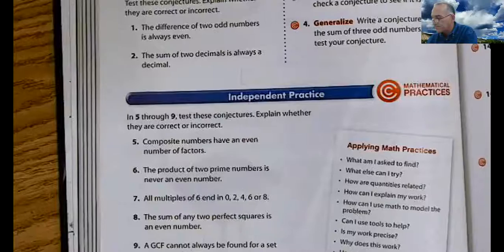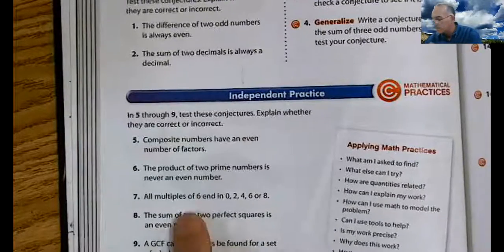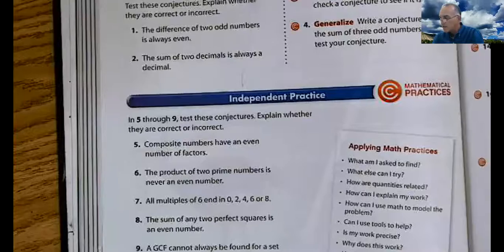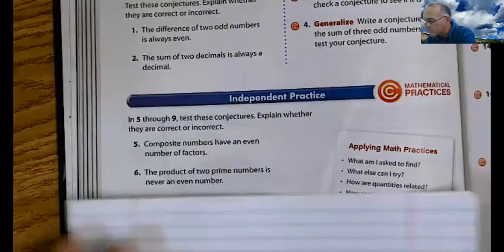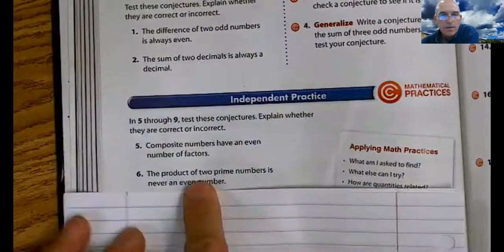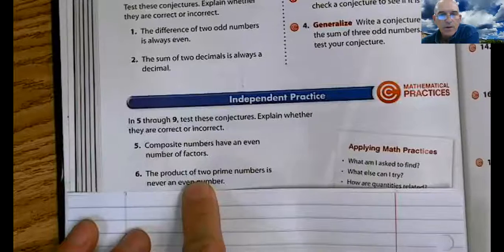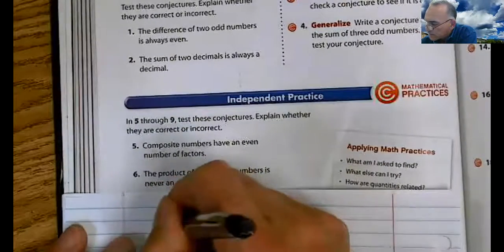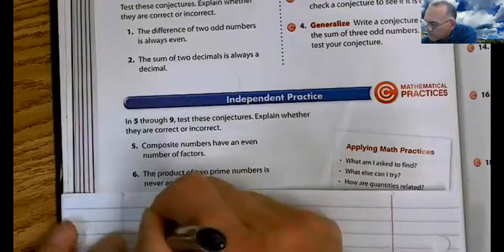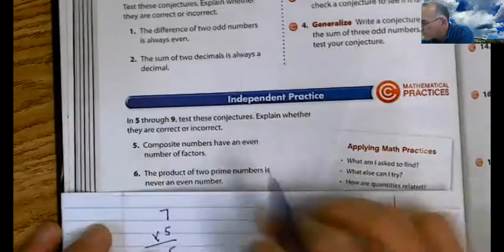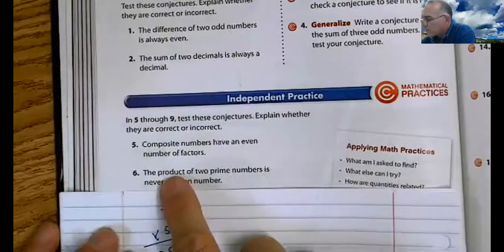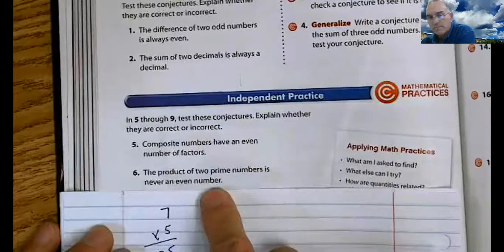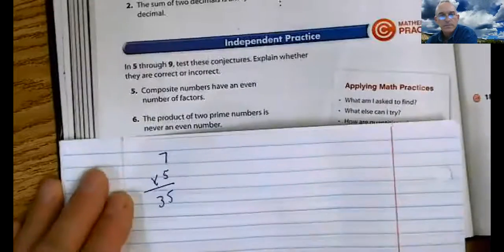Let's make another one. Ready? How about this one? The product of two prime numbers is an even number. So if I did 7 times 5, the product of two prime numbers is never an even number. Is that true?